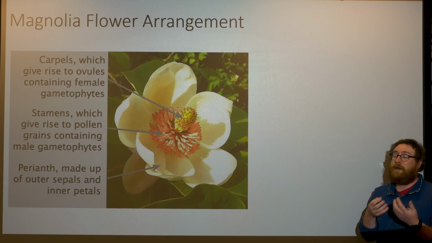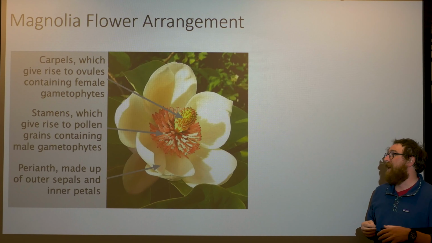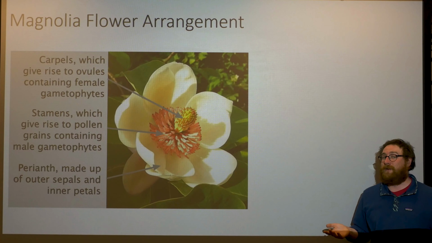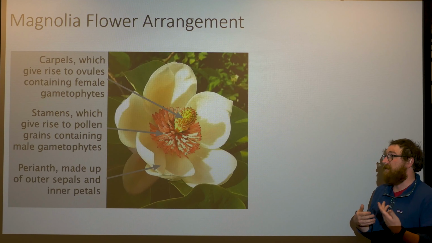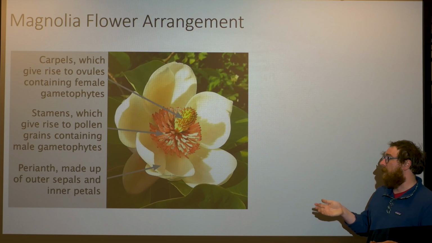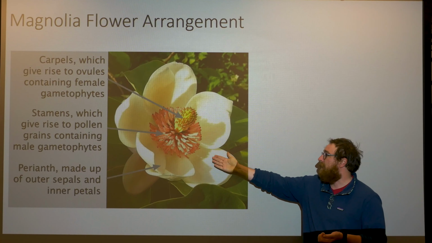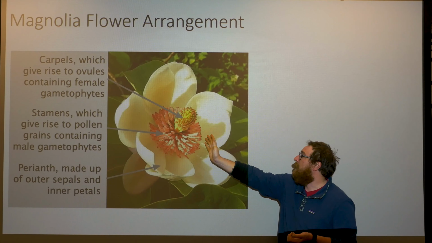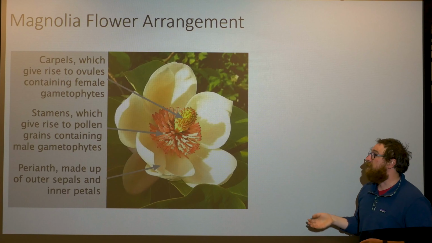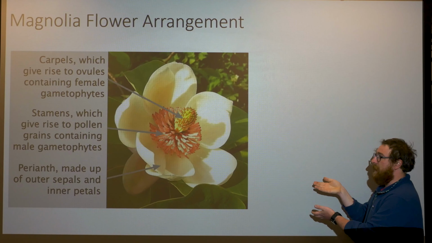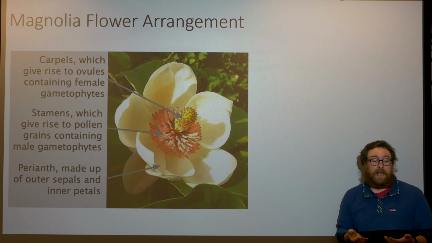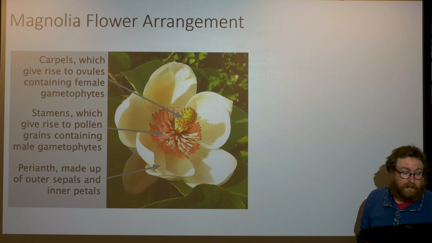If you don't have any specialized pollinators going after you, because you might have been one of the first flowers for insects to figure out, having this open, large format really allows a lot of different pollinators to get on there, interact with your pollen, move pollen to another plant, and pollinate your plants. And so that's why most of the time we place the magnoliids down toward the basal end of the angiosperm group.